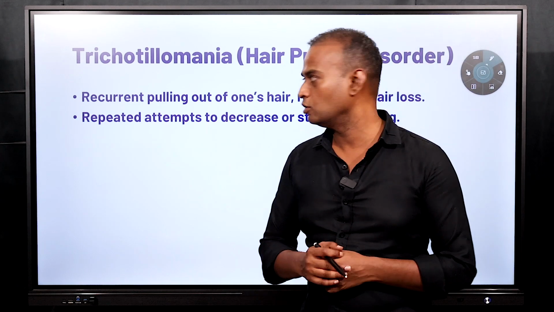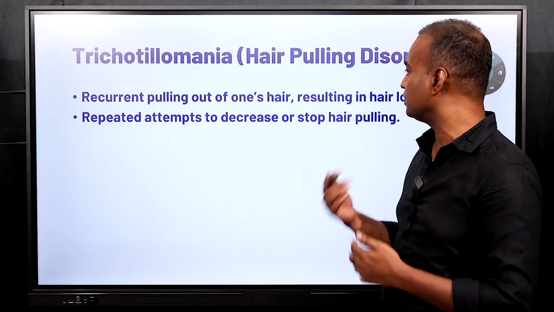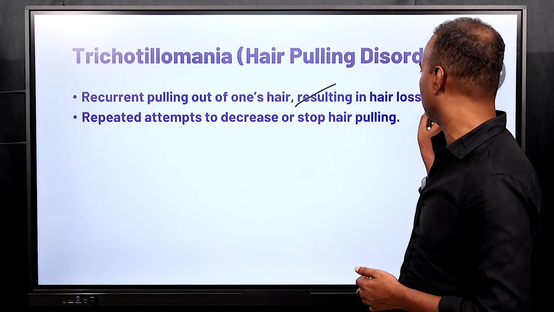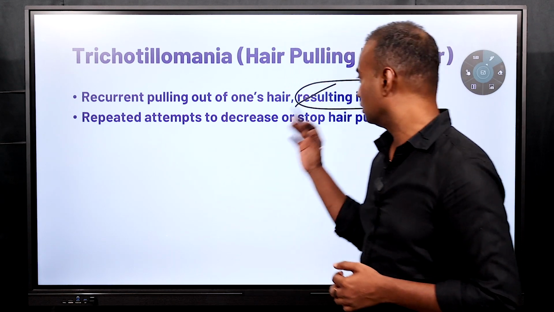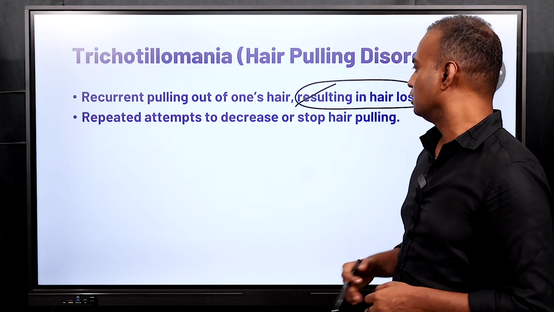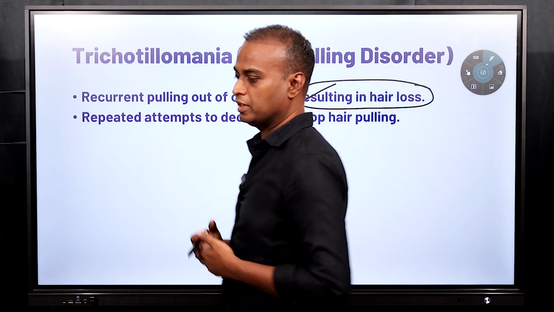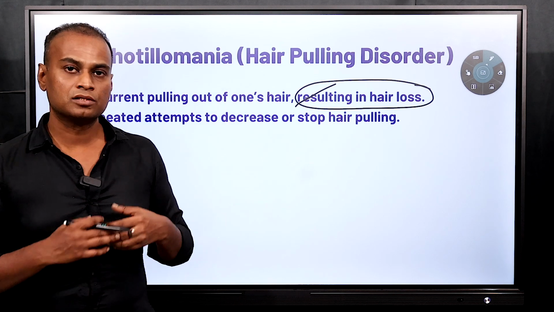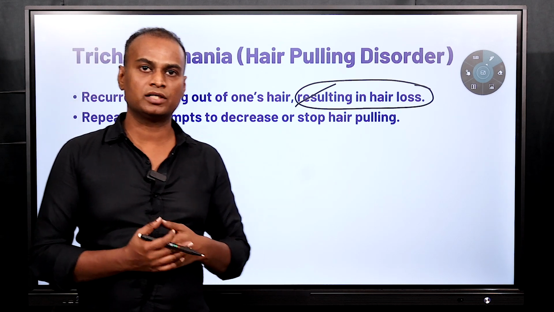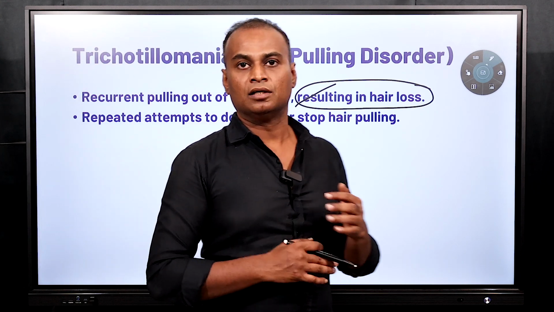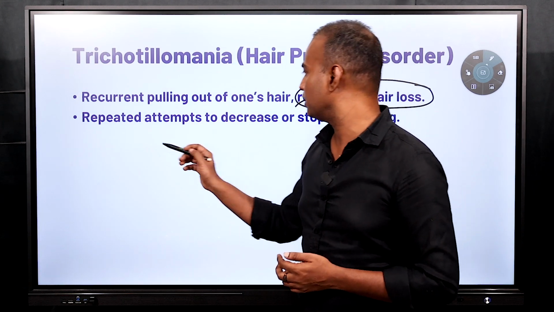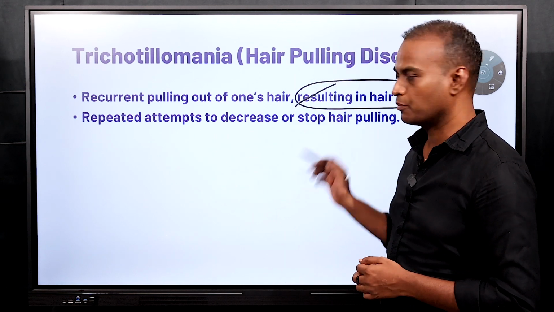Next one is trichotillomania. Trichotillomania is a repeated pulling of hair resulting in hair loss. This is very important: when they pull the hair, it should result in hair loss. That is the important criterion. Or, some people know that they are pulling the hair, and they try to avoid it, with repeated attempts to decrease or stop hair pulling.